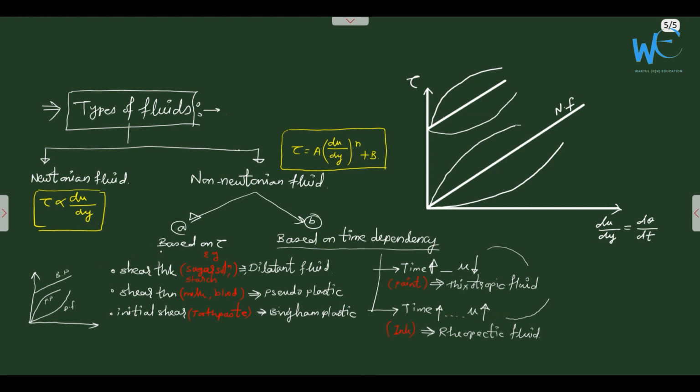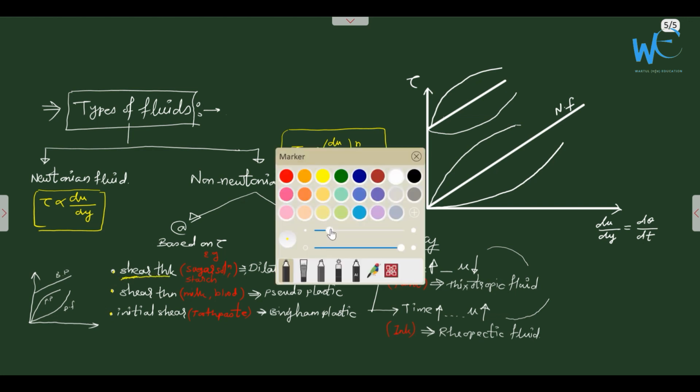So let's first discuss those based on shear stress. What I am now teaching you, just remember these three in sequence. First one is shear thickening. Okay, let me reduce the thickness of my pen.